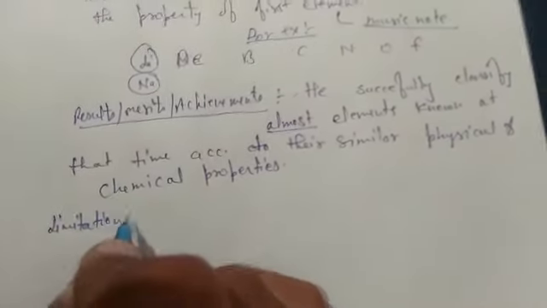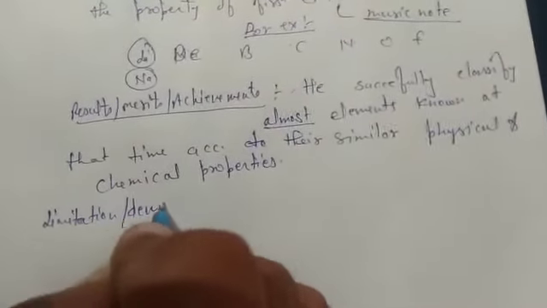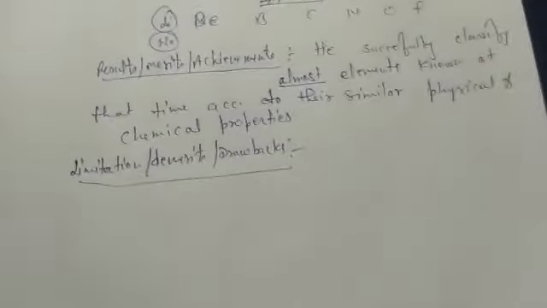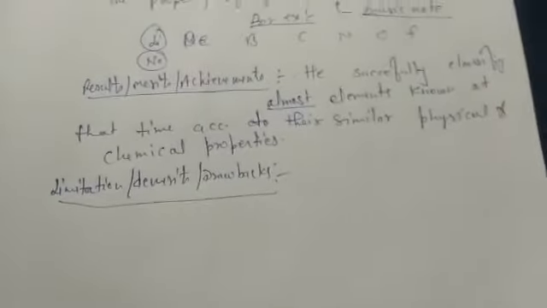Now limitations, or you can call them demerits or drawbacks. The question can use any of these words: what are the limitations of Newlands' classification? What are the demerits?